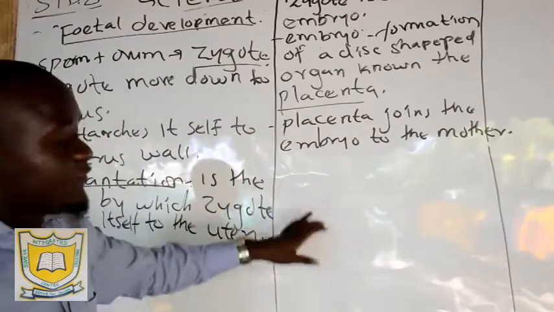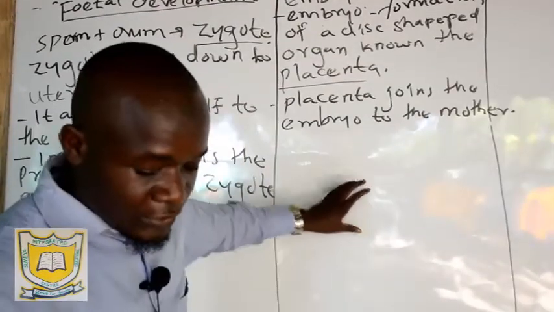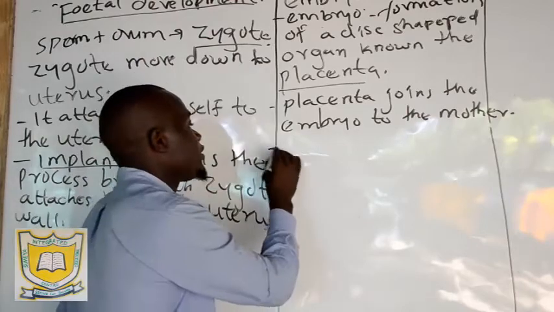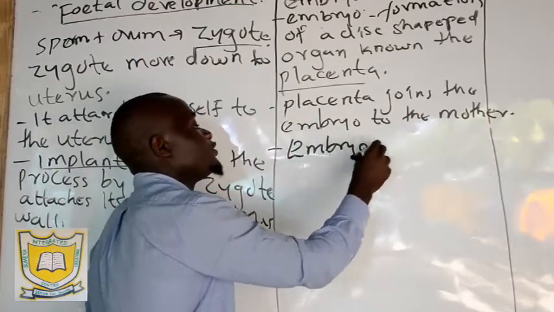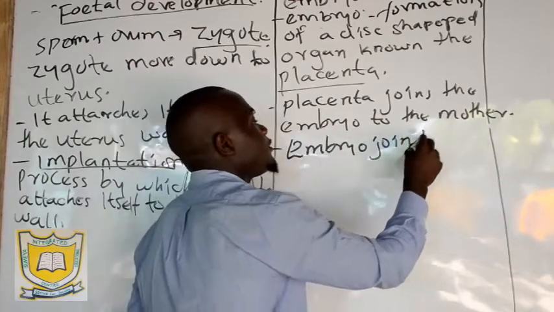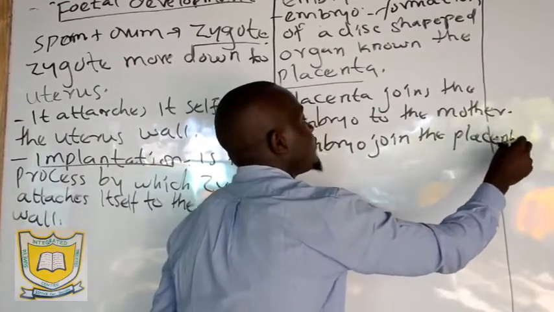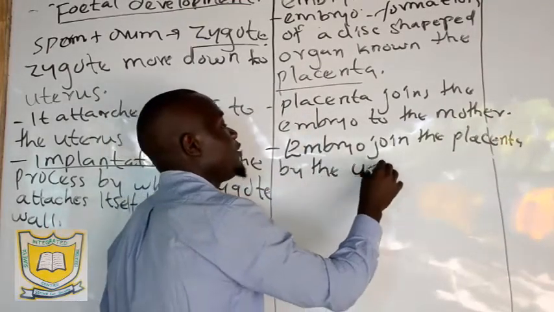Now, after the placenta forms, the embryo joins to the placenta by what we call the umbilical cord. The embryo joins the placenta by the umbilical cord.